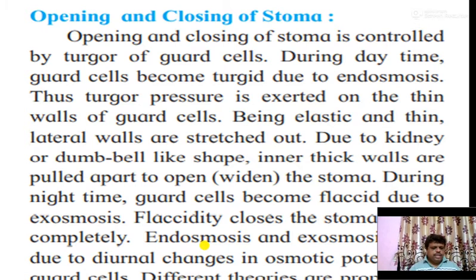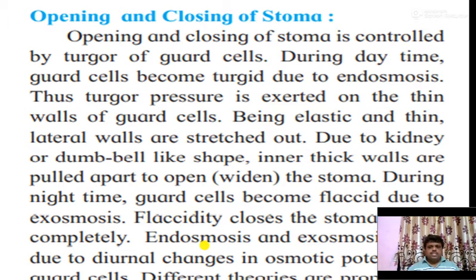Guard cells are living nucleated cells with unevenly thickened cell wall. The inner cell wall of guard cells is thick and inelastic, and the lateral cell wall is thin and elastic. Guard cells contain few chloroplasts which are capable of poor photosynthesis.